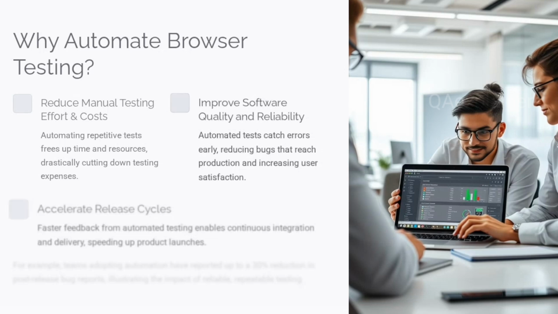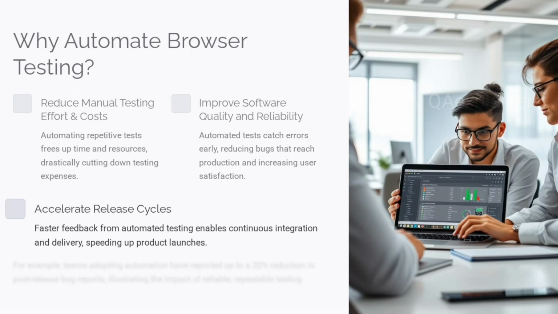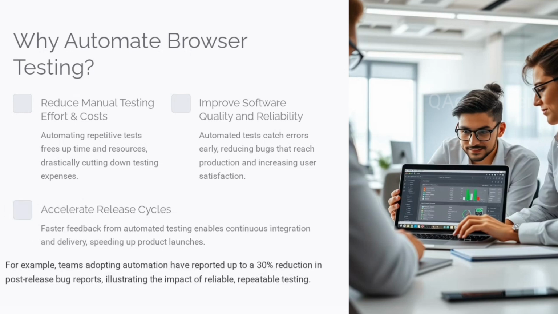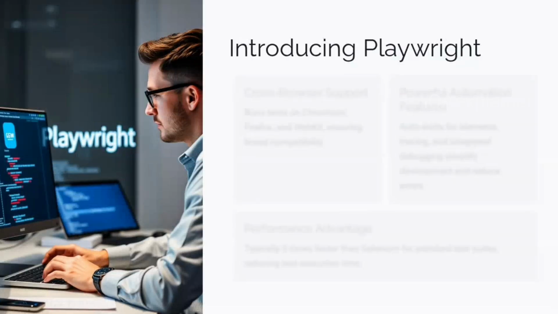That's why it accelerates the release cycle. So we have faster feedback and a continuous integration and delivery process, which eventually speeds up the whole process. Here I have put one example: Microsoft Teams adopted this automation, and they say a 30% reduction in bugs, and it provides proper releases.